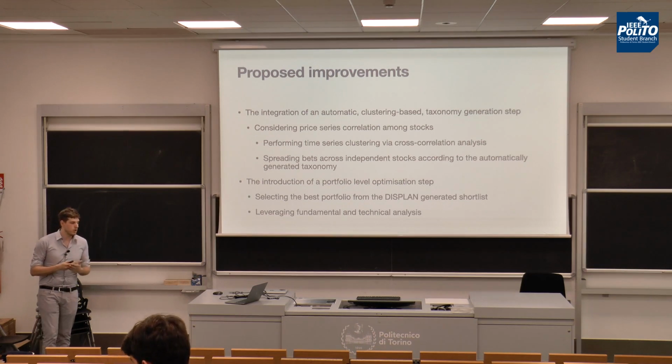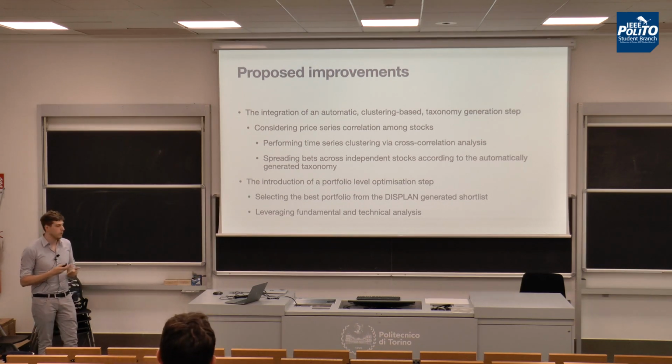What are the two improvements that we proposed building upon this plan? First of all, as I was saying before, at that time, most of the works tried to diversify based on sectors. But why use just sectors?